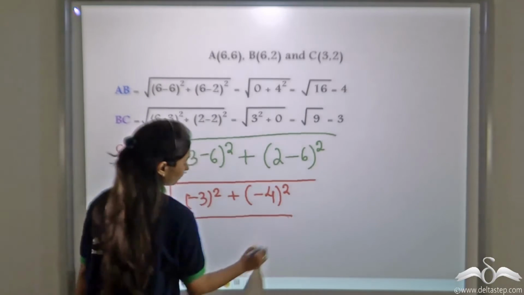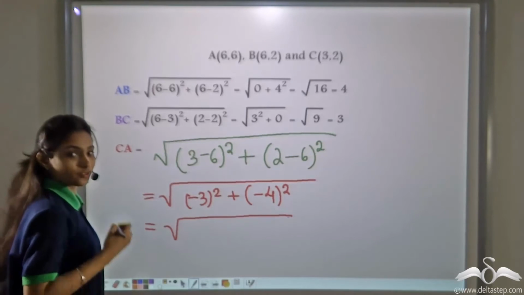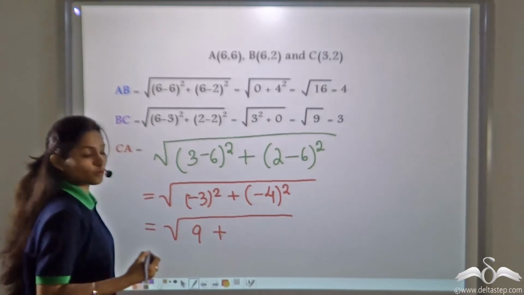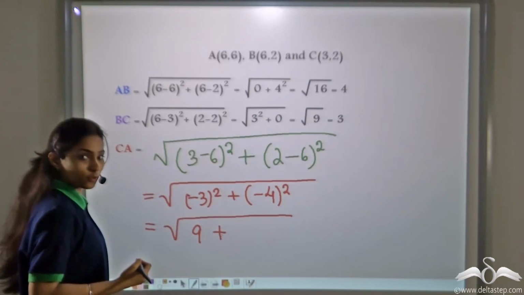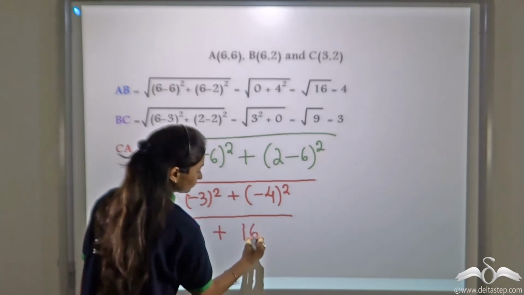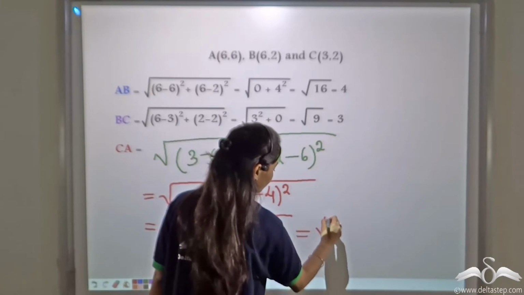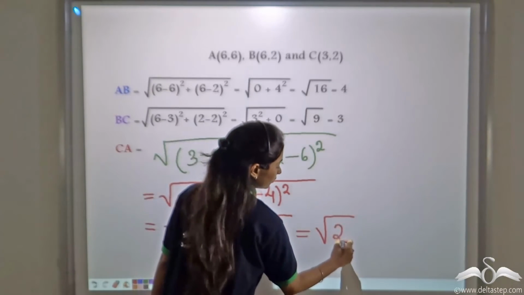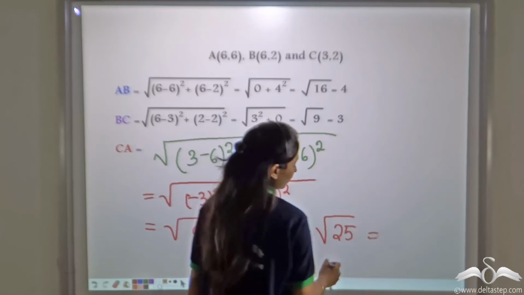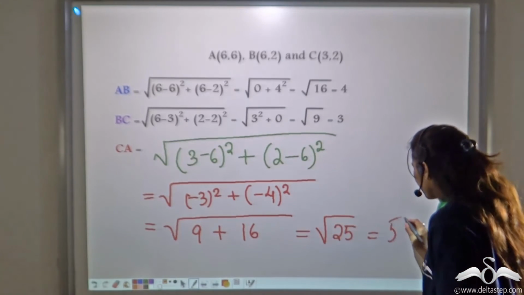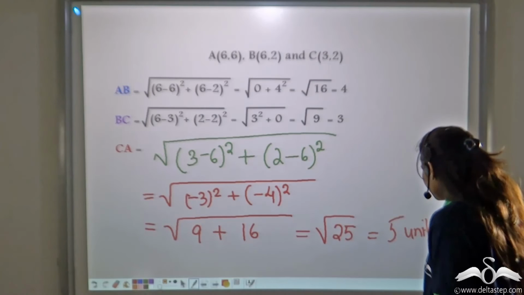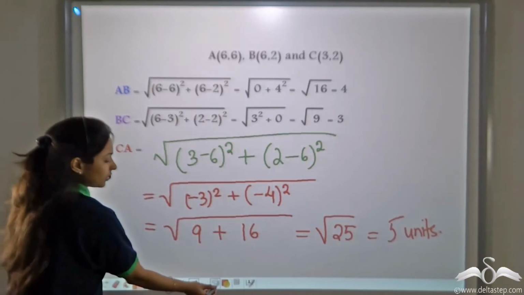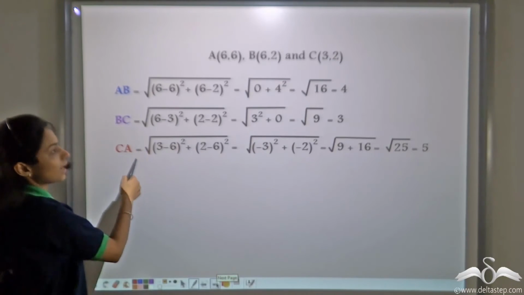Minus 3 whole square is minus 3 into minus 3, that is 9, plus minus 4 whole square is minus 4 into minus 4, that is positive 16. Now 9 plus 16 is 25, and root over 25 is 5 units. So we successfully calculated the distance between AB, BC and CA.